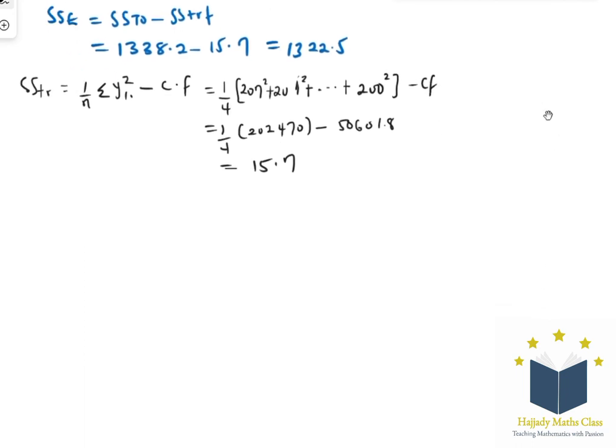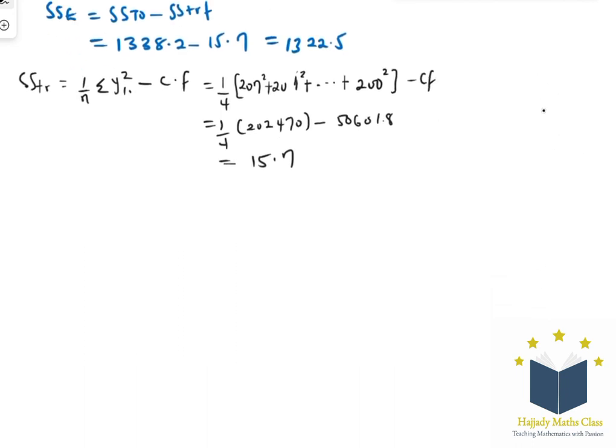So now we've calculated our SSC, SSR. Let me just write it out again. Here, my SSE is 1322.5. SS total is 1338.2. SS treatment is 15.7.